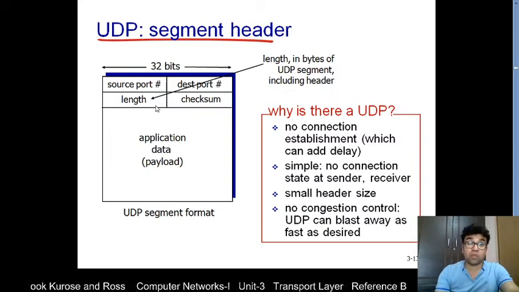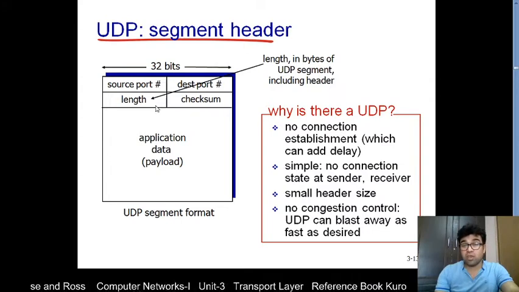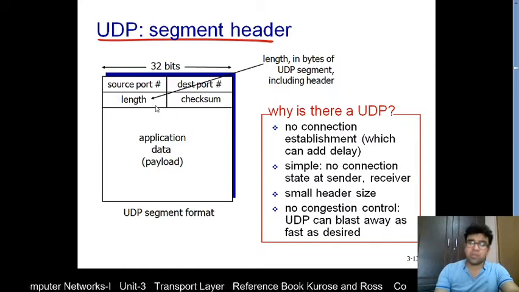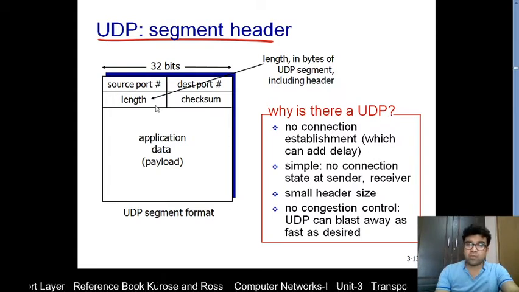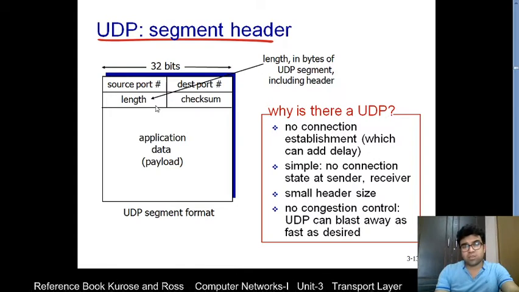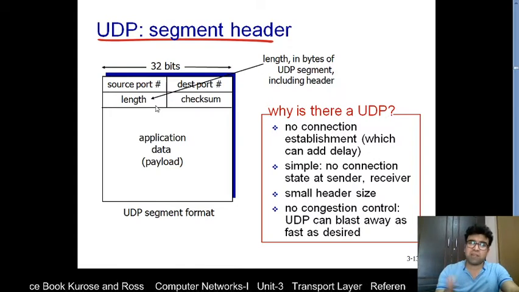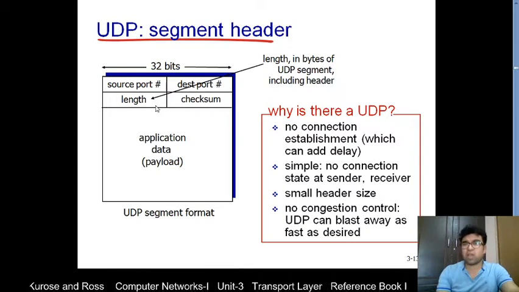So UDP is a kind of protocol which is used by those applications which need fast communication, as we saw in the case of DNS, domain name system. UDP is used because DNS needs fast communication. In case DNS loses its query or loses its response, DNS can send that particular query and that particular response again.